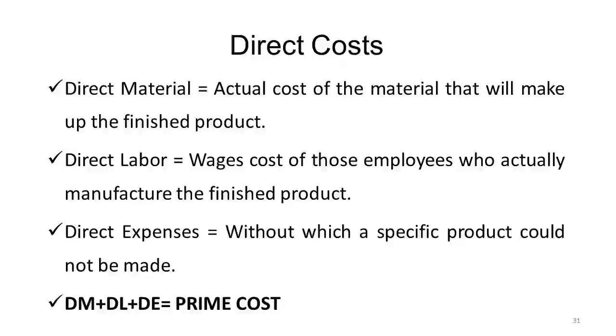But all those helpers who are there on the floor, who are doing all types of activities without which the shirt cannot be made. People who inspected it, people who checked the washing, who checked the stitching, who checked the embroidery. Those are all indirect labor. And then we have direct and indirect expenses. Now, direct expenses is without which a specific product could not be made.